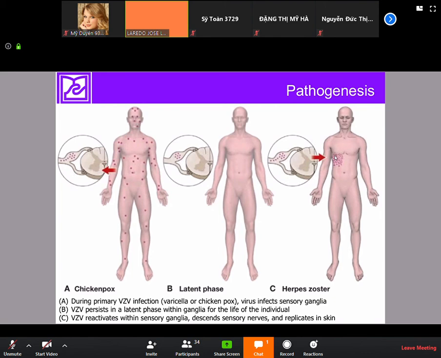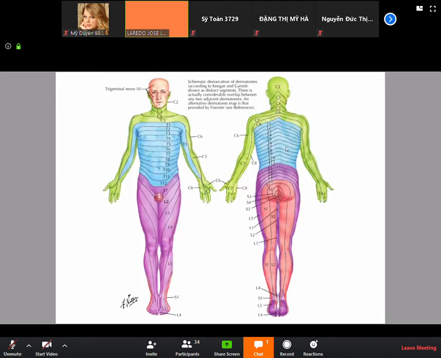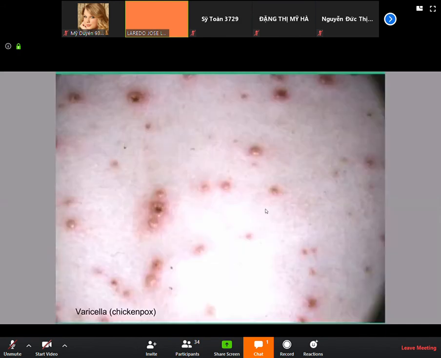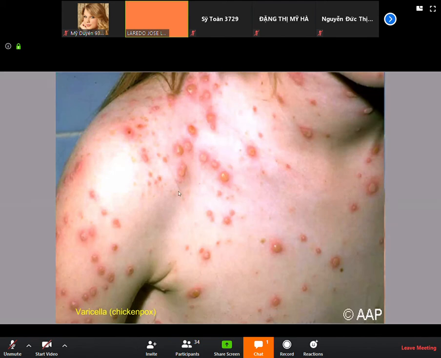Zoster is only found in one dermatome or two dermatomes. These are the dermatomes from anatomy that you already know. This is a child with varicella, chickenpox. This is the rash, the typical rash that we find in the skin. That maybe you remember when you were around 10 years old or 11. Very itchy in the skin.